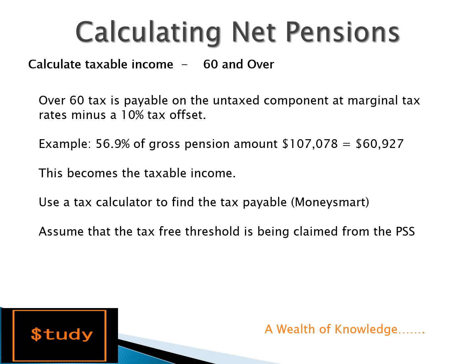So we've figured out that 56.9% of our gross pension, which was 107,078 from our examples, if you take 56.9% of 107,078, you end up with $60,927. So out of the full pension, 60,927 has to be taxed.